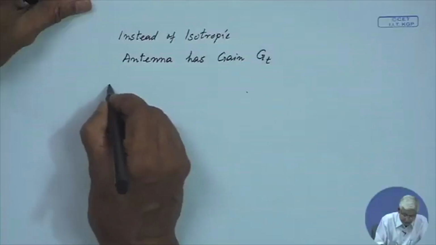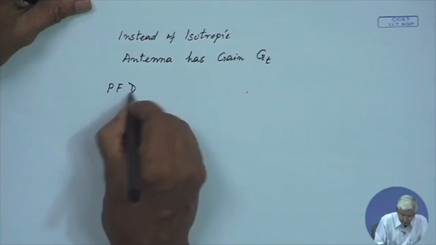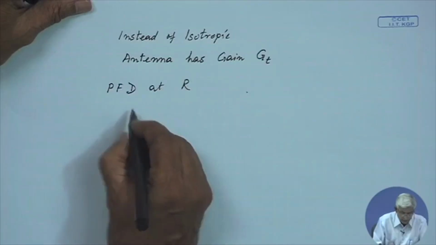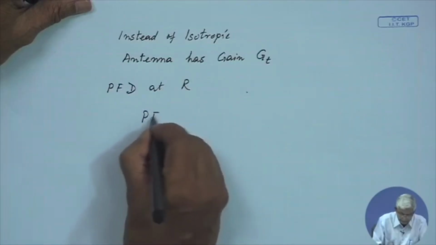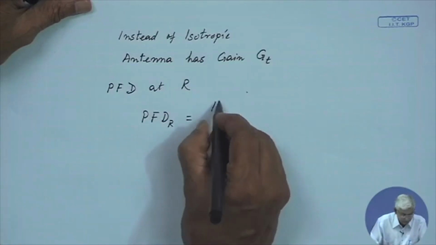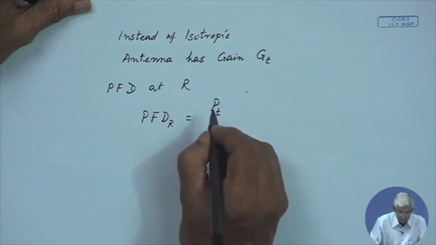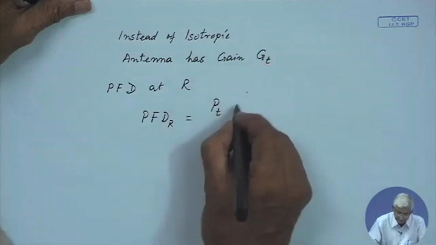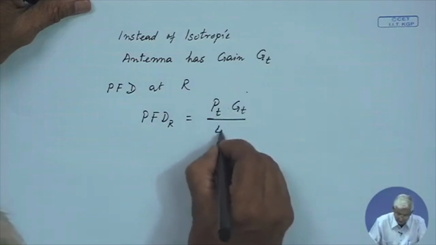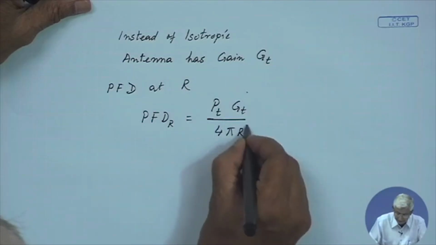So the PFD, that is power flux density at R, will be PT, which is the power which is radiating, into GT by 4 pi R square.